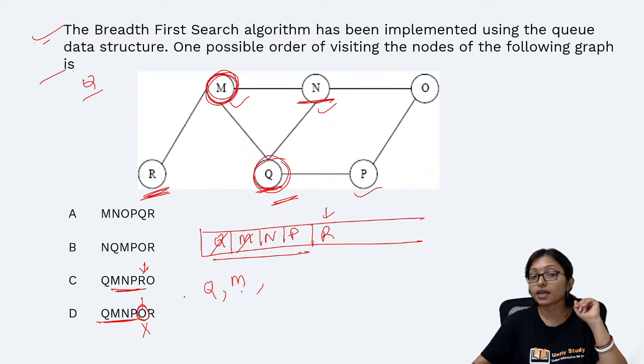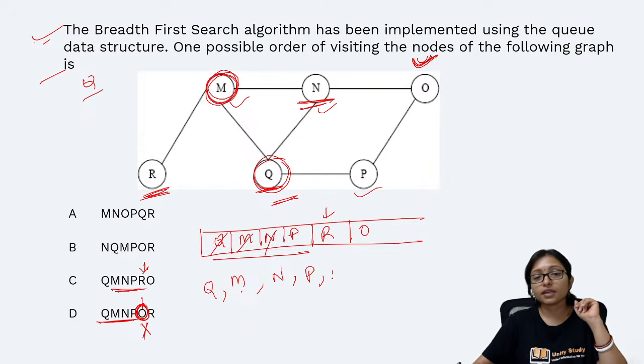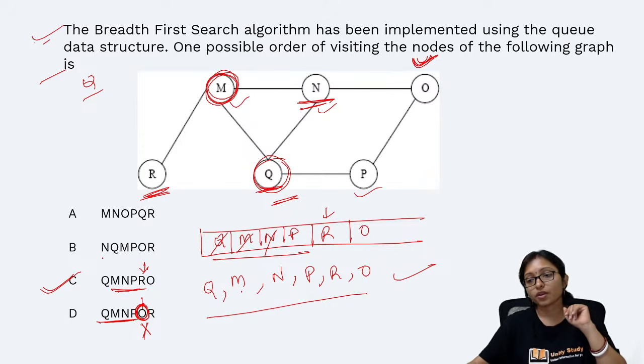O cannot come before R because O is not adjacent to M. Now if you take out N, then you can insert O because it is adjacent to N. Now there is N, P, R, O. That is the correct sequence. Okay? Clear?